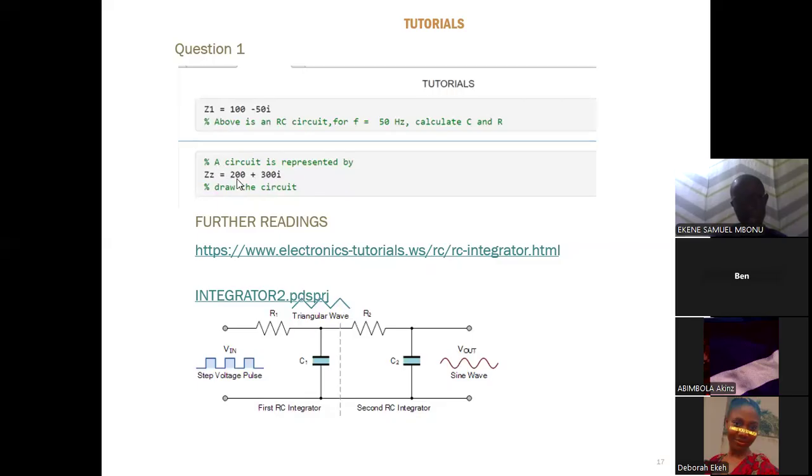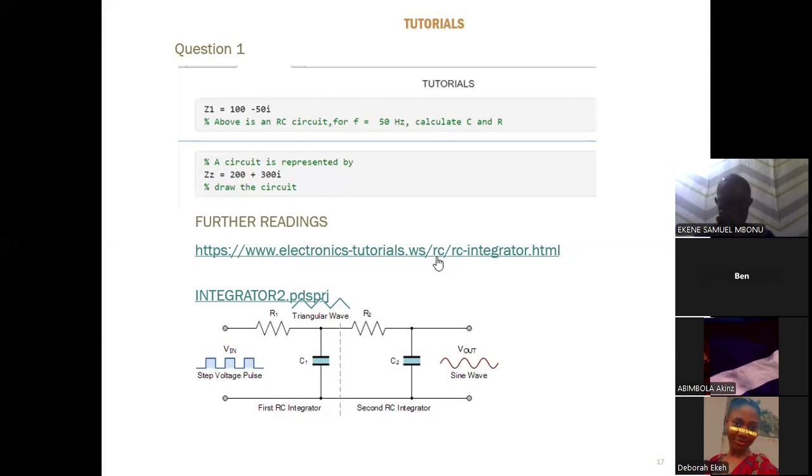So the inductive impedance is 300, while the value of the resistor is 200 ohms. With that, someone can easily draw this circuit. You can check out this website. It will give you a good tutorial on the RC integrator.